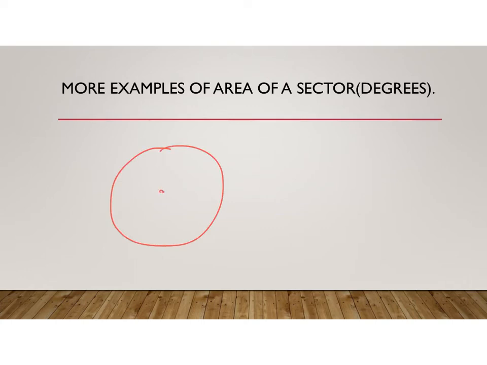So one more example here. Here's my circle. Let's give it a radius of 7 centimeters. Let's say my angle is about 250 degrees. And so this is the sector we're talking about.